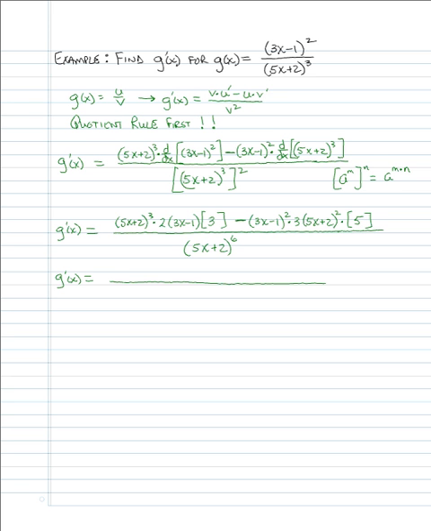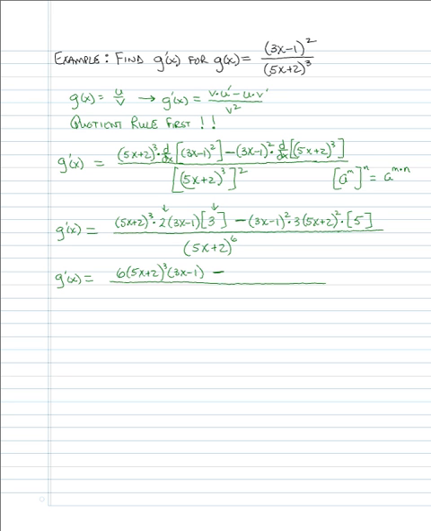So we look up at the numerator, and on the left side of that subtraction sign, we have a 2 and a 3. So that's a 6. And then we have the 5x plus 2 to the power 3 and a 3x minus 1 up there. And then we have the subtraction sign.